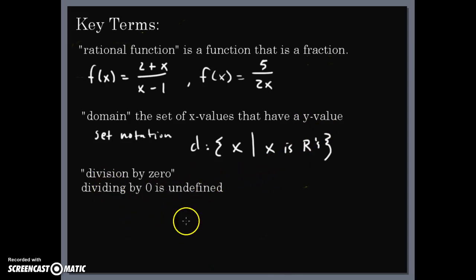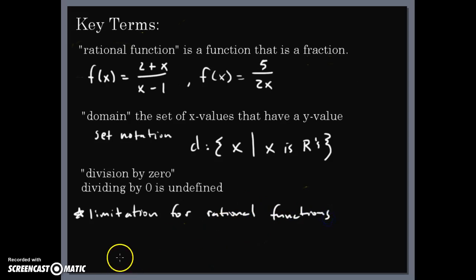Division by 0, and this is the limitation for rational functions. What this looks like is when you have 0 in the denominator.